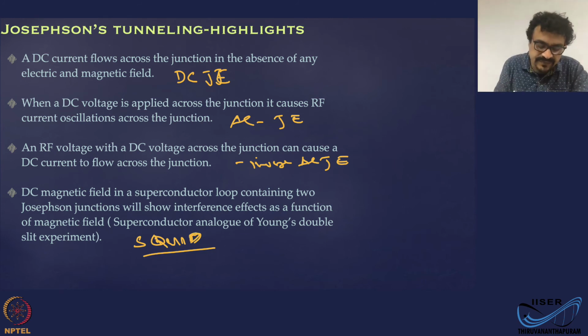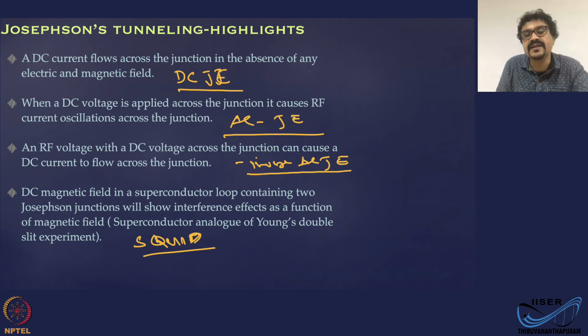So DC Josephson effect, AC Josephson effect, inverse AC Josephson effect, and the SQUID, the superconducting interference phenomena. It's a macroscopic quantum interference phenomenon. So in this lecture, let us start with the DC Josephson effect. Then we will follow with the AC Josephson effect, inverse AC, and the SQUID in the coming lecture.